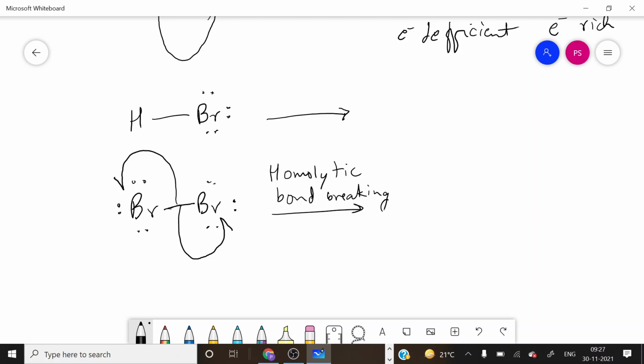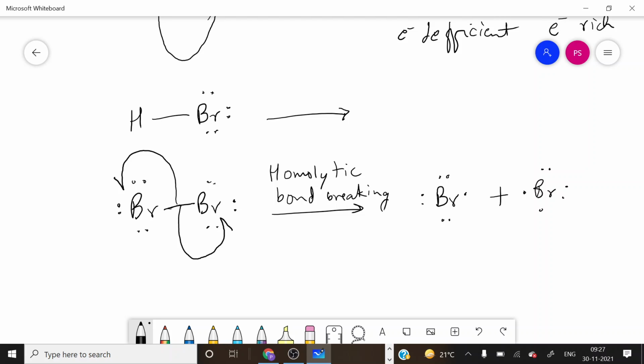Hence the two electrons which are concentrated in between the two bromine atoms are now shifted towards the two bromine atoms, thereby forming bromine free radical species. We get two bromine free radicals, Br dot.